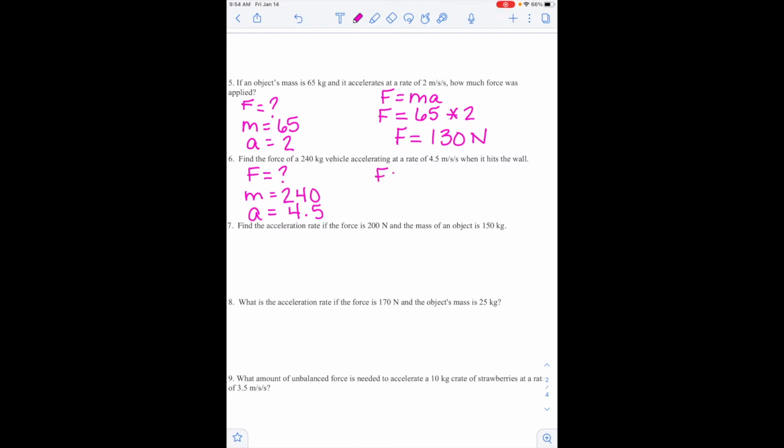So F equals ma. F is equal to 240 times 4.5. Let me grab a calculator here. 240 times 4.5 is 1,080, and our newtons are our unit of force.